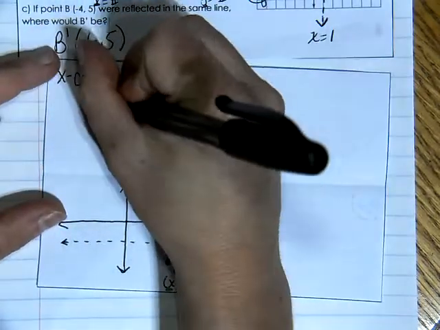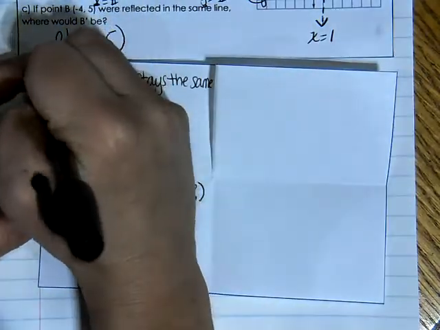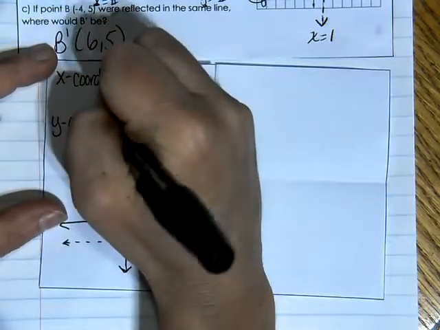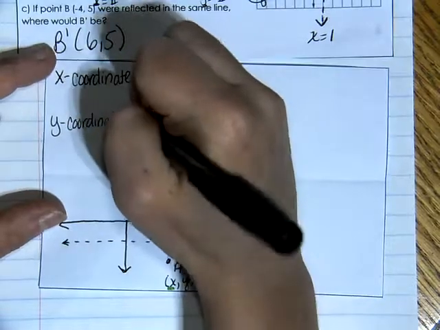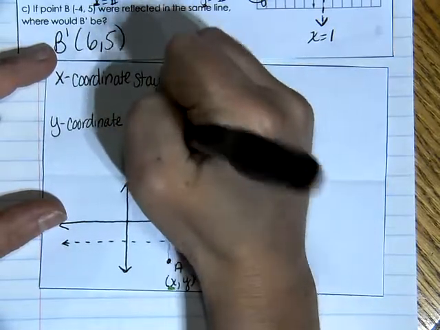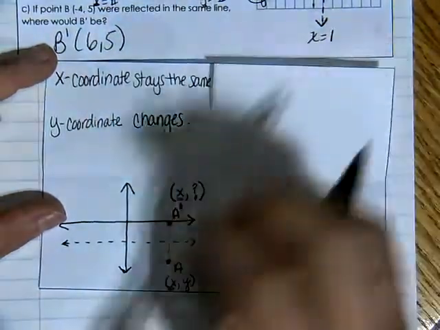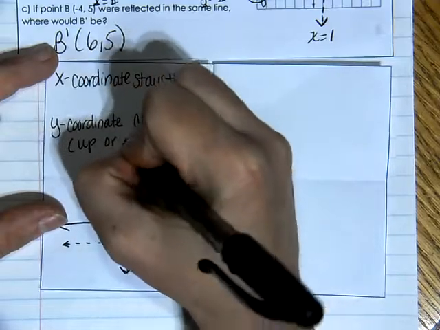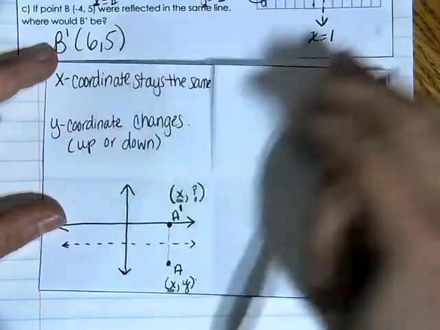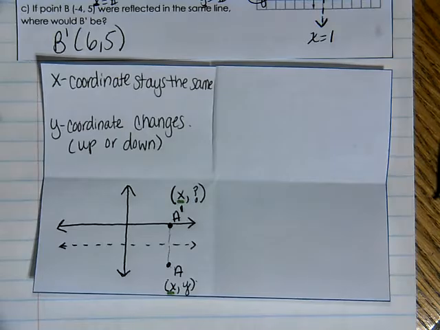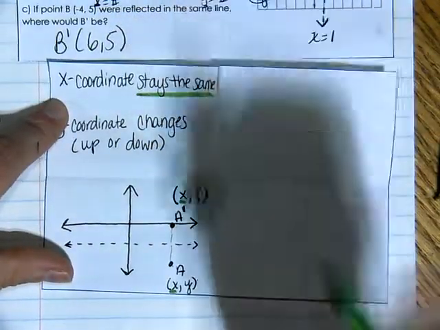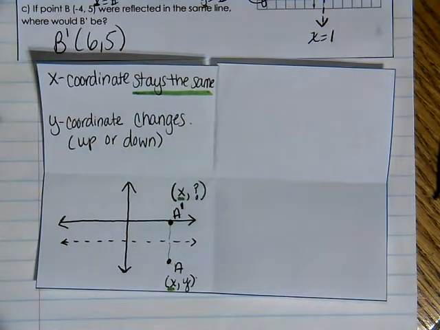And the y-coordinate changes. It changes because the point was shifted up or down. So if you're reflecting in a horizontal line, the x-coordinate stays the same.